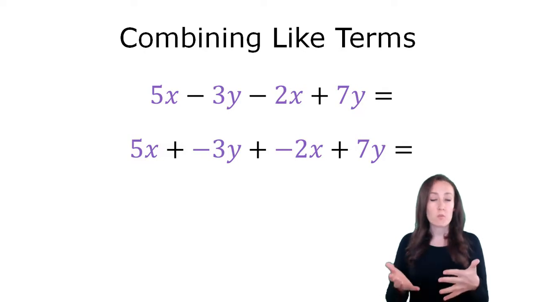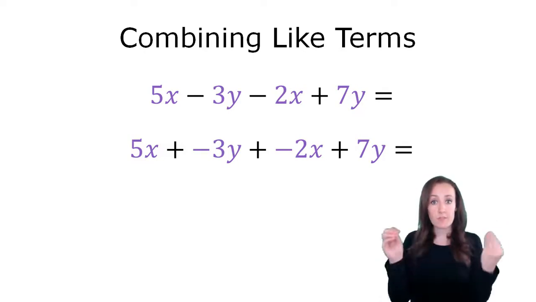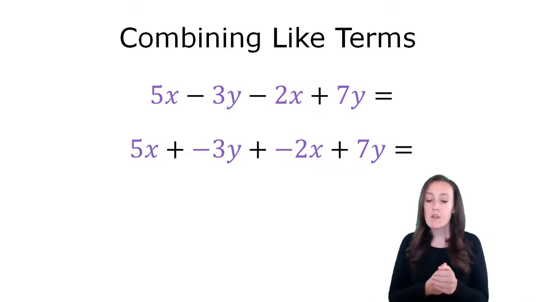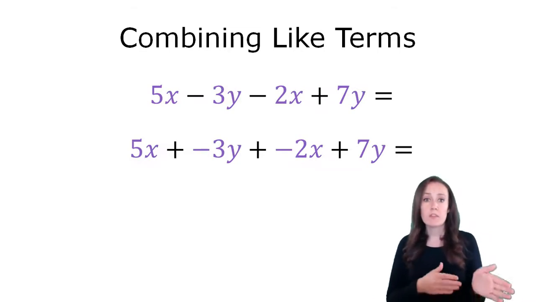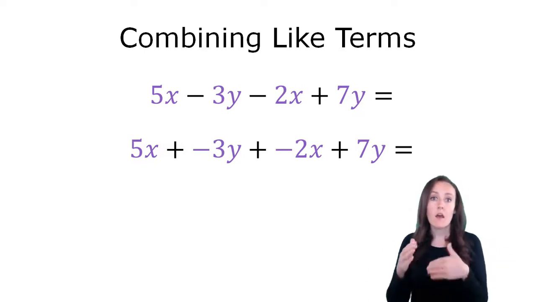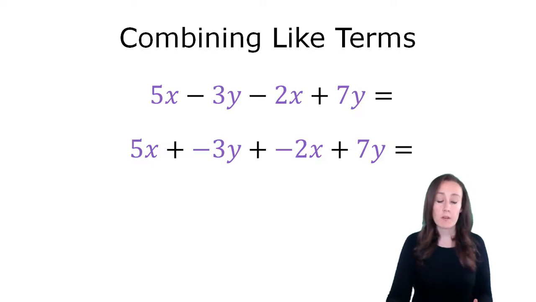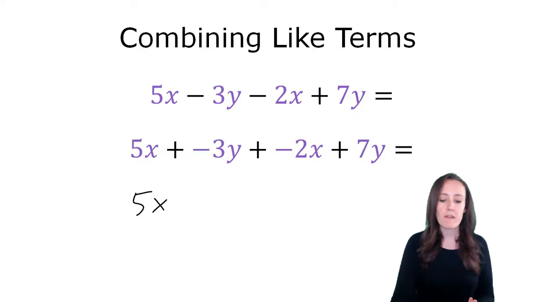So in algebra, it's really helpful to rearrange the different terms in equations a lot. And so that's why it's really helpful to think of any subtraction as adding the opposite of whatever it is that you're subtracting. Because in this case, if you wanted to combine these like terms, you could rearrange it and say that you have 5x plus a negative 2x.